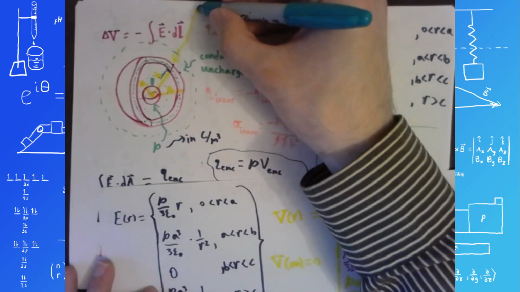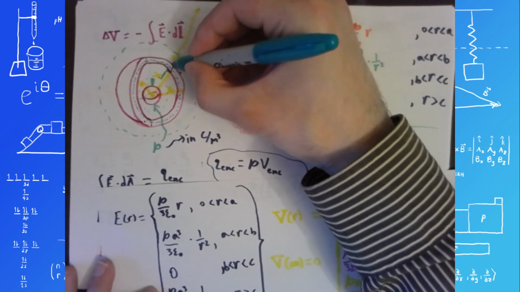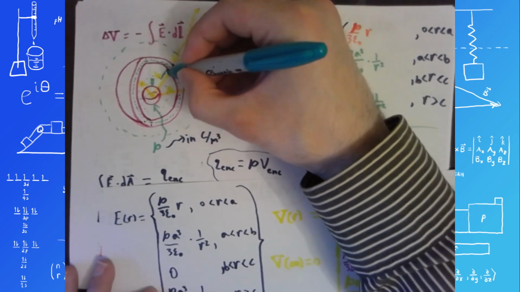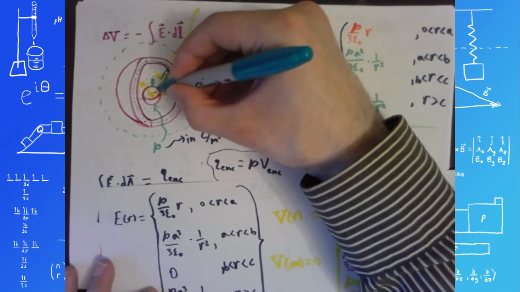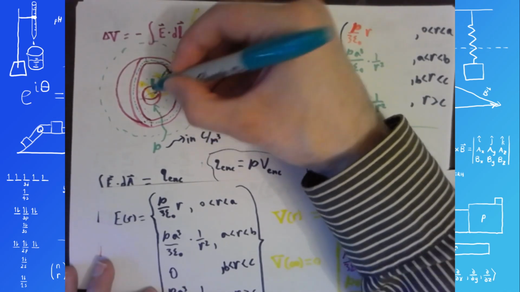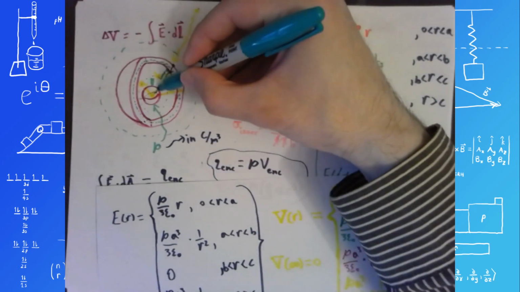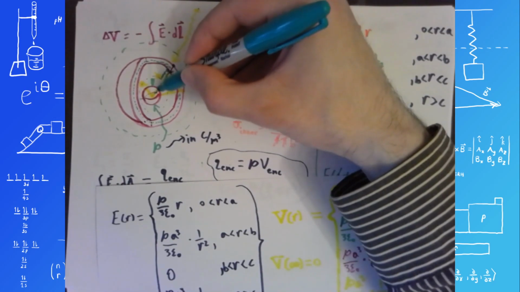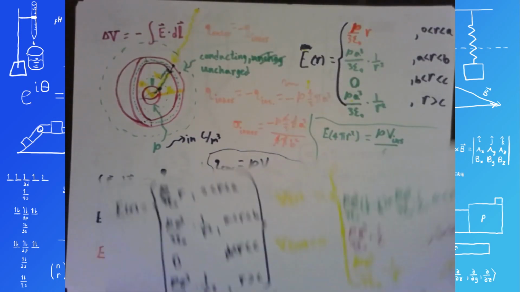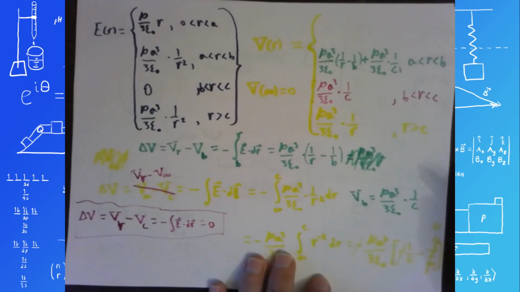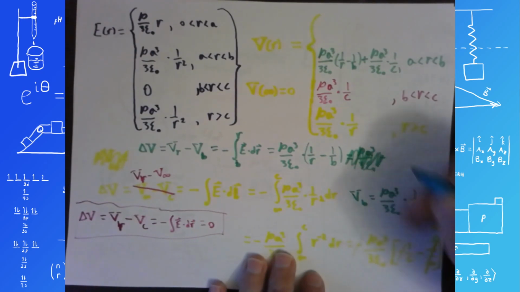So if we moved, let's see, from infinity to the outer surface, and then from the outer surface to the inner surface, and then from the inner surface, if we're now all the way here, and we're starting to drill our way into the insulating sphere. What is the voltage starting here on the outside of the insulating sphere? What is VA, as I'm going to call it? I would just have to plug in A for R in this expression, and let's see what that gives us.